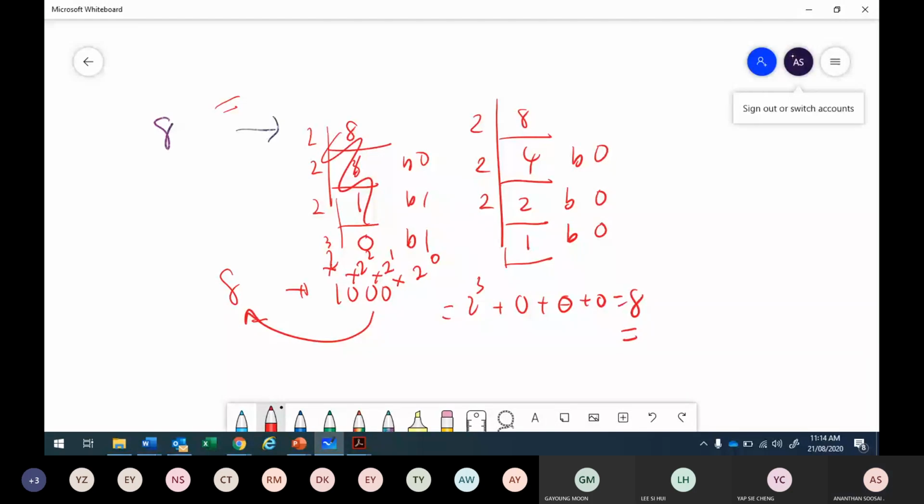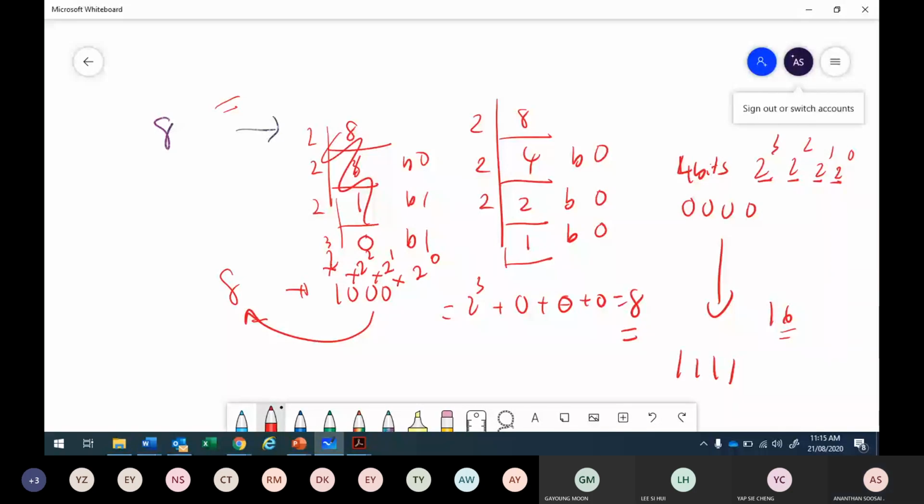So 4 bits, because it has 4 digits, 1, 2, 3, 4. The number of energy levels you can have ranges from 0000 to 1111. How many do you have? You have 16 energy levels. How to get 16? This is 2 power of 0, 2 power of 1, 2 power of 2, 2 power of 3.